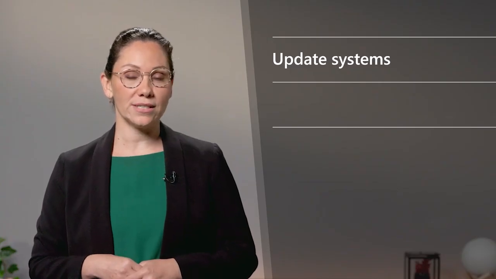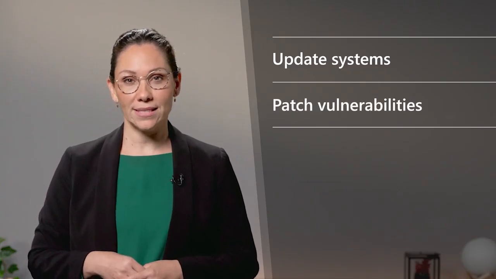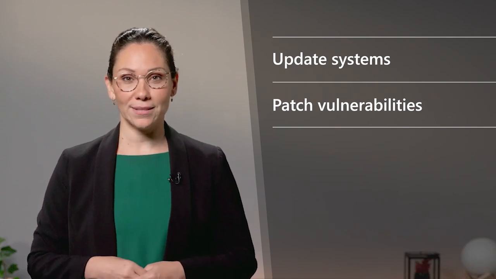Third, you should keep all systems and applications up to date with the latest security patches and updates. Regular patching helps address known vulnerabilities and reduce the risk of compromise. Fourth, grant users and applications only the minimum level of access required to perform their tasks. This reduces the potential damage if an attacker gains access through an open port.